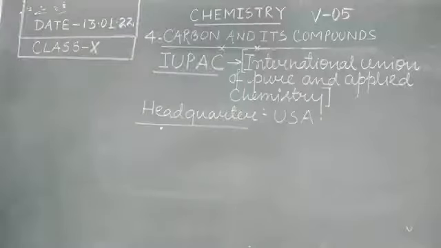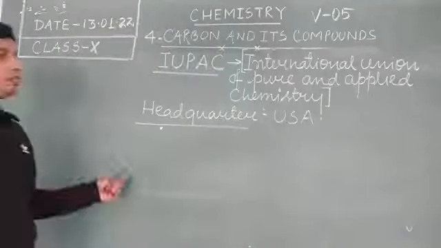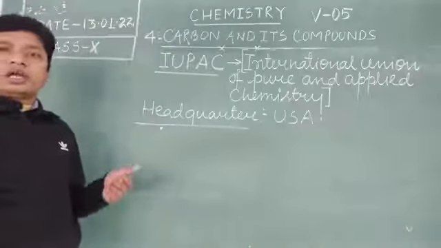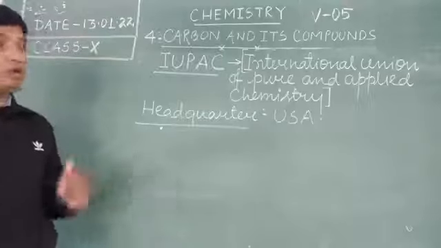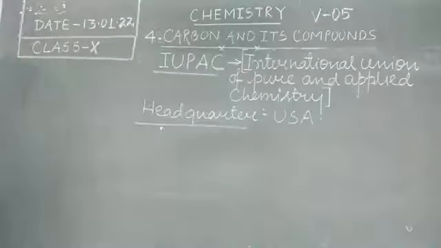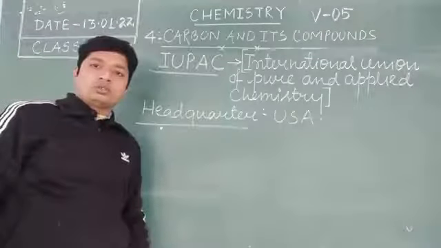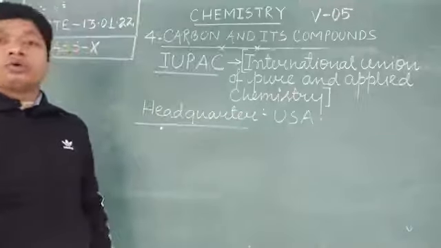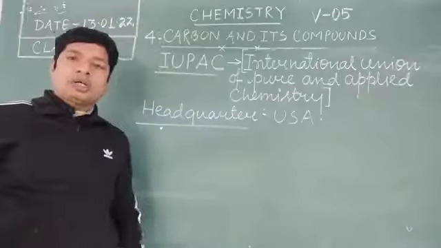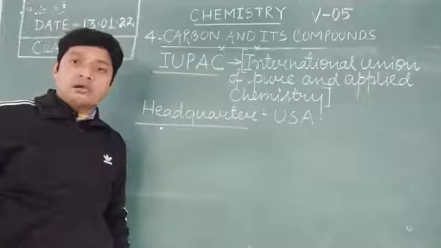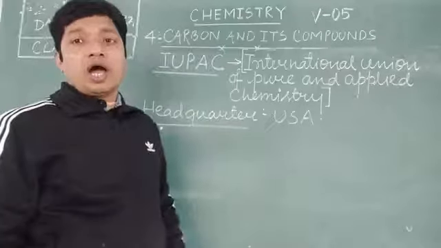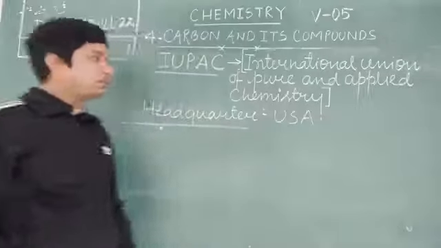There are some rules by which we can assign or write the name of any organic compound. We have already discussed how the nomenclature is done for the straight carbon chain. Now today we are going to study how the nomenclature of branched hydrocarbons takes place, and thereafter how the nomenclature of cyclic hydrocarbons takes place.